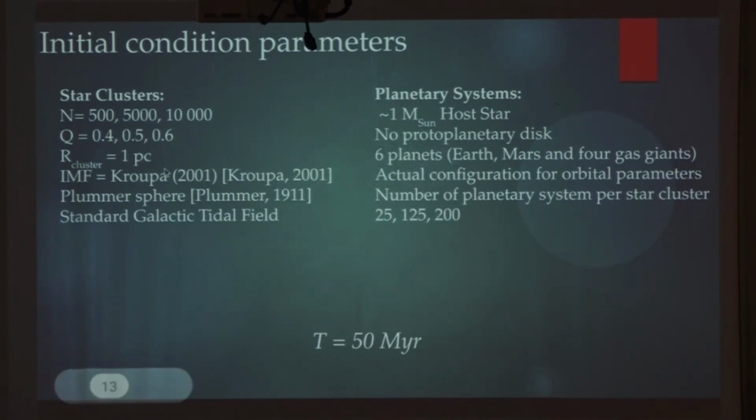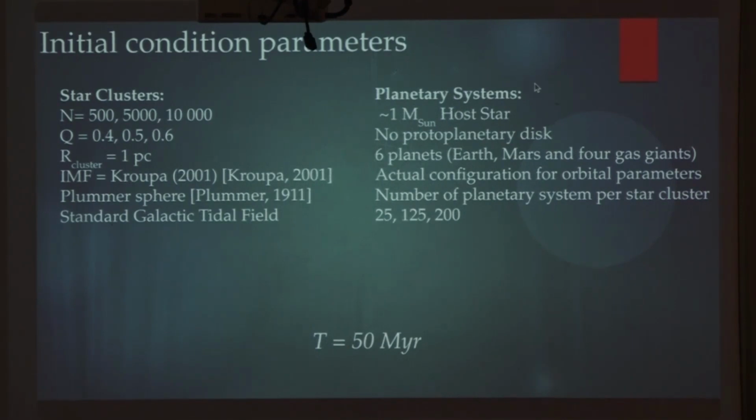A radius of 1 parsec, on the other hand, is a classic dimension for a star cluster, and then there are some initial mass functions that you may know very well from your studies. We have a Plummer sphere, which is the classical distribution of stars in the star cluster, and we use the galactic tidal field that is felt by Earth in its position.